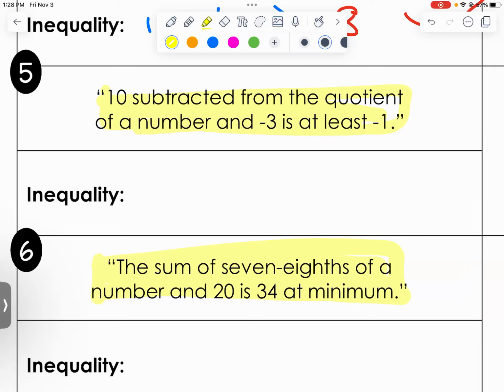Oh, nice. 10 minus X divided by. 10 minus so far. How do you just write it down? Just write it down.